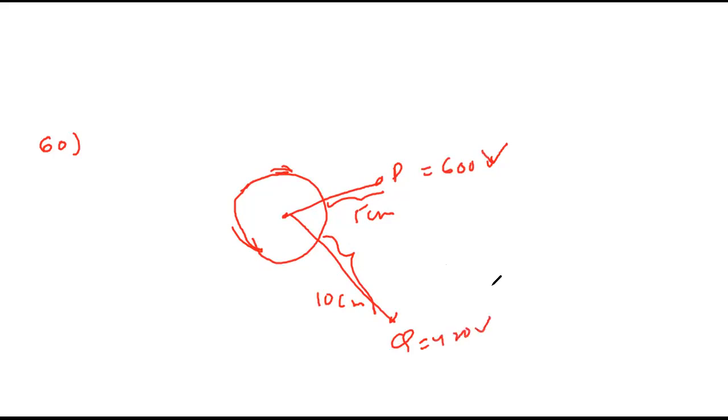The potential on the surface of the sphere will be how much? That means if this is the sphere, at distances of 5 and 10 from the surface. We want the potential here on the surface.